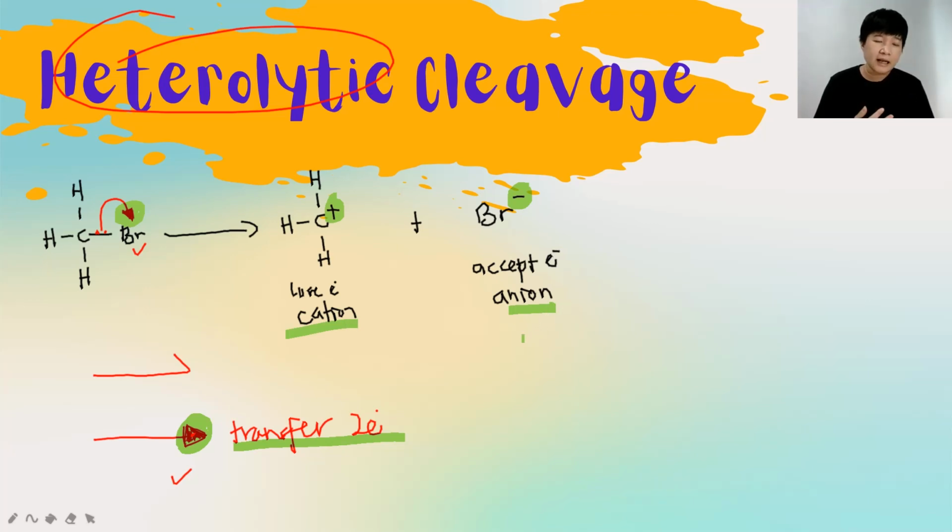So heterolytic cleavage will happen when your bond is a polar bond, where the bonding atoms have different electronegativity. And obviously, the one with higher electronegativity will win, because higher electronegativity is the one having the ability to attract more electrons. See that? Simple. Another example that I can give to you, let's use some ring.